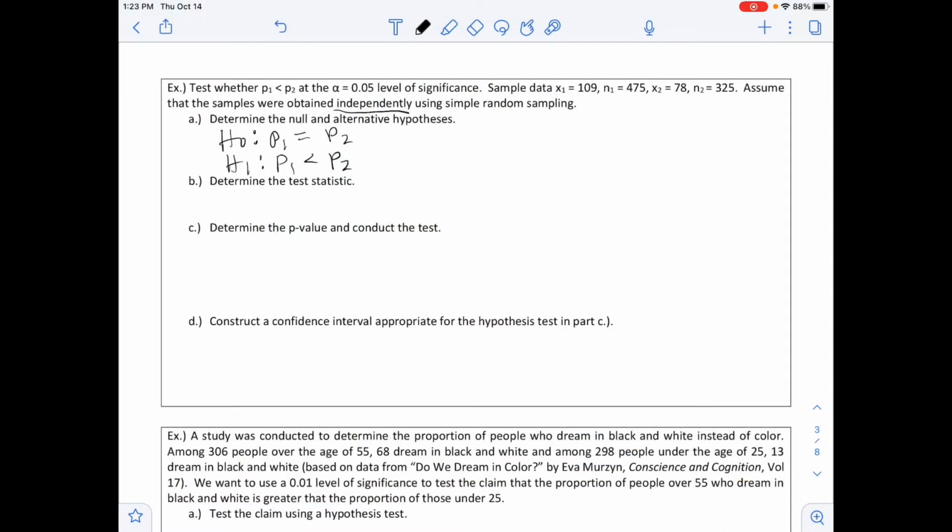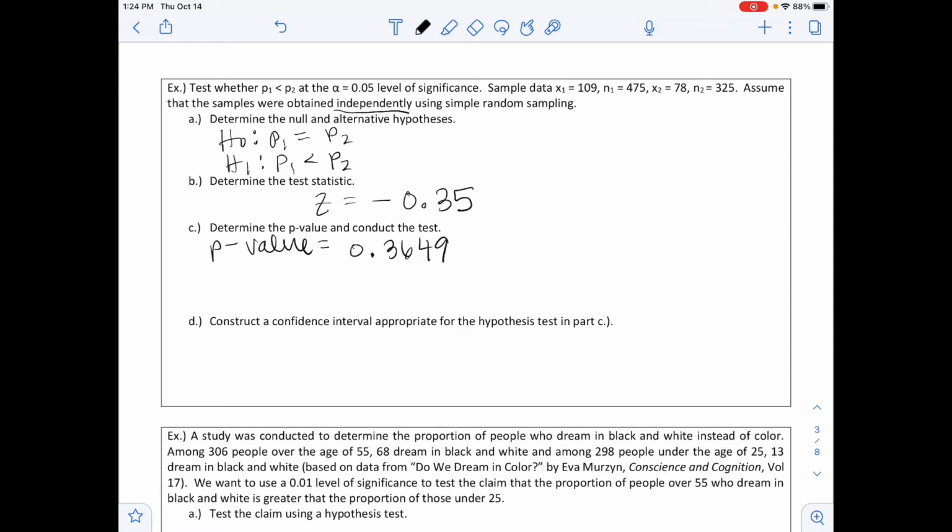And from the calculator, we get a test statistic of z equals negative 0.35. And we also got a p-value, which is part C, of 0.3649. And part C says determine the p-value and conduct the test.